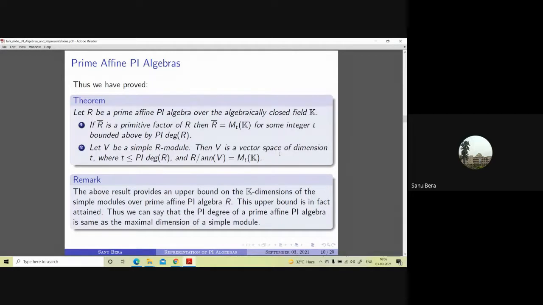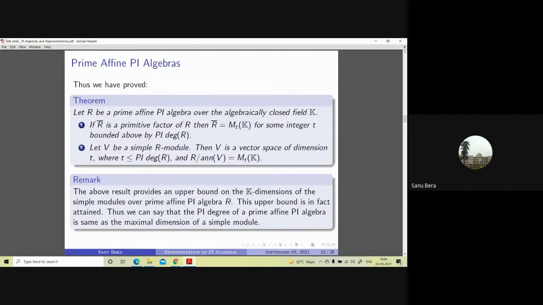Here our assumption is that R is a prime affine PI algebra over an algebraically closed field. So the K-dimension is bounded by its PI degree, and this upper bound is actually attained every time. I am not going into that exact part, but that upper bound will be attained.